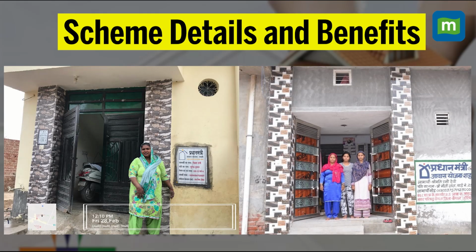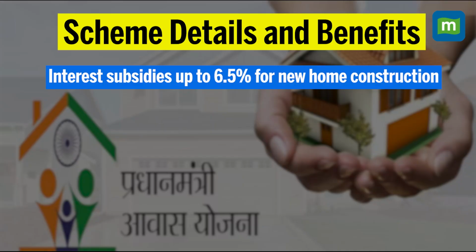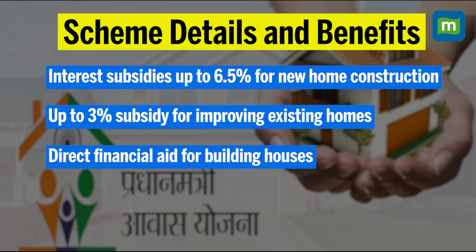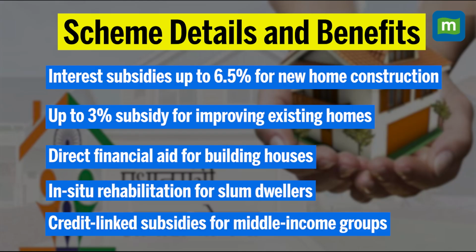Eligible beneficiaries can receive interest subsidies up to 6.5% for new home construction, up to 3% subsidy for improving existing homes, direct financial aid for building houses, in situ rehabilitation for slum dwellers, and credit-linked subsidies for middle-income groups.